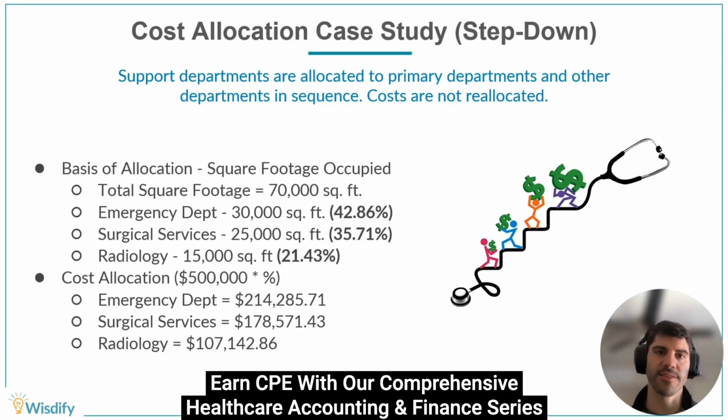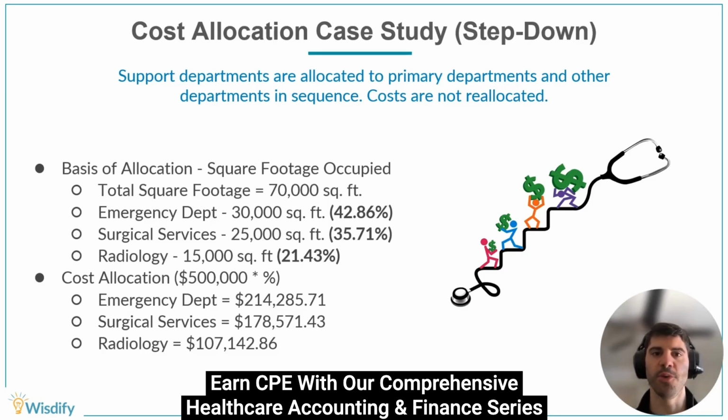Now, the next step is kind of similar to what we did in step one, but in this case, we're going to allocate the other support department's costs, housekeeping, to just the three patient care departments, the primaries: emergency department, surgical services, and radiology. And this is a critical part of the step-down method, and one of the key things that differentiates it from the reciprocal method.